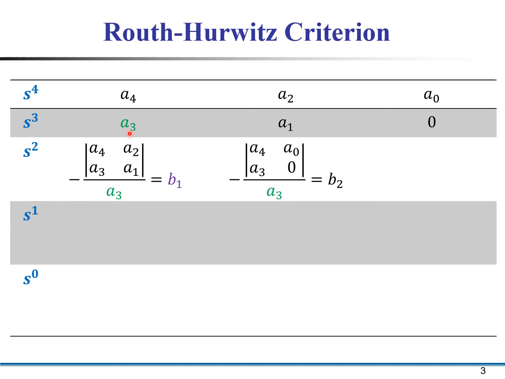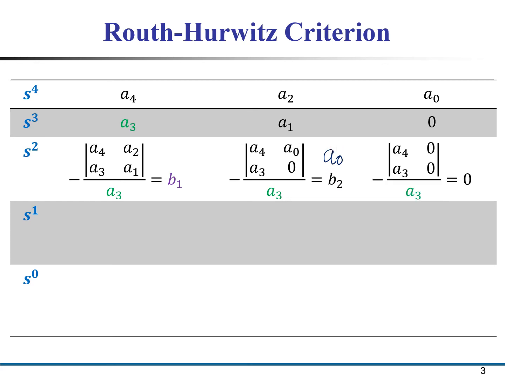A3 here and here is the same, and if you do this calculation, A4 multiplied by 0 minus A0 A3, whole divided by A3, you will see that you get A0. Do this calculation by yourself and see whether you get A0 over here. So B2 will be equal to A0.